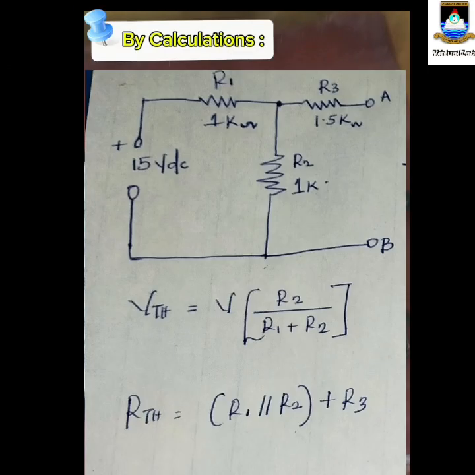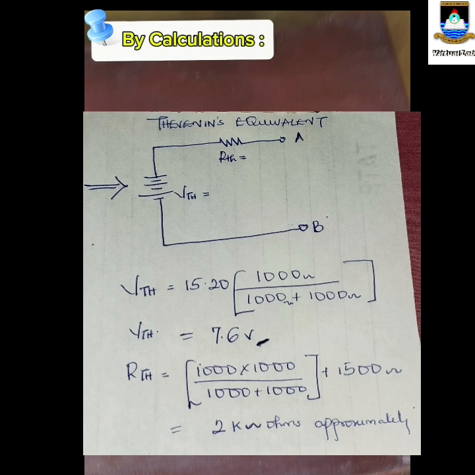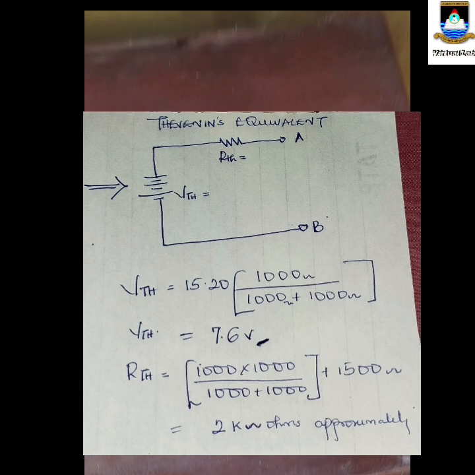So first, let's determine the Thevenin's equivalent by calculation. You can set the formula to get the Thevenin equivalent voltage and the Thevenin equivalent resistance. And here is our equivalent resistance and our equivalent voltage after calculation.